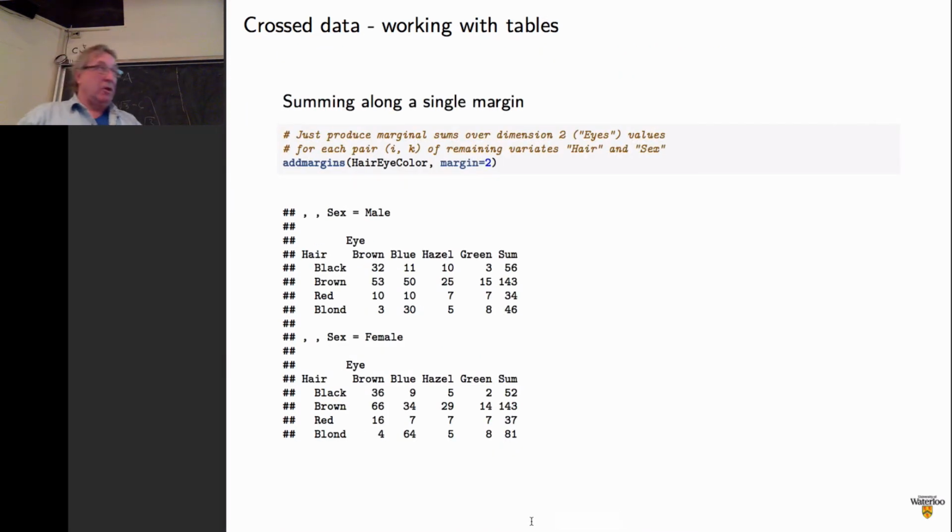You could choose to sum along any particular margin. So summing along the second margin here. The first margin is hair, second is eye, third is sex. So we're summing along dimension 2, that's summing over these. We're only seeing a sum appear in that one variate, the hair color. Okay? So you can choose the margin that you want to sum over.